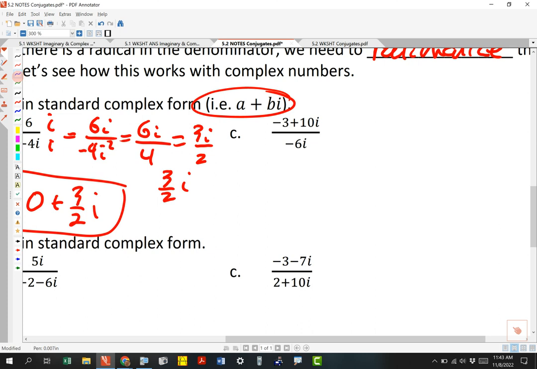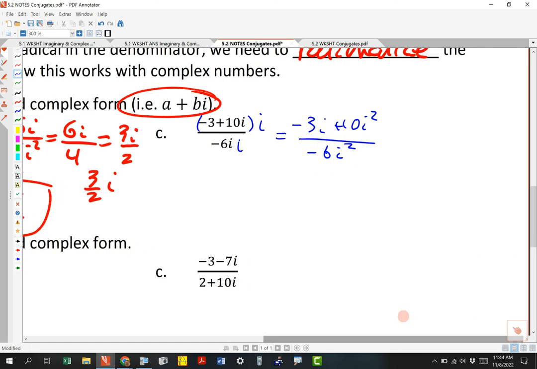So let's take a look at this. I'm going to multiply by i here. Got to have the parentheses. It wouldn't work if you just multiplied the last part there. You've got to multiply the entire numerator by the i. So that's going to be a negative 3i plus 10i squared over negative 6i squared.